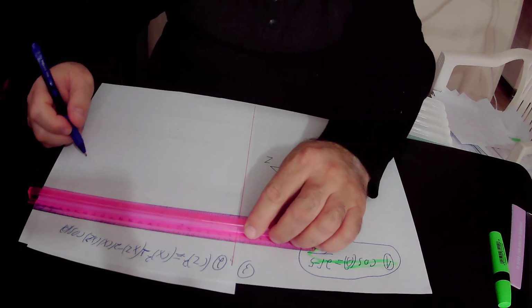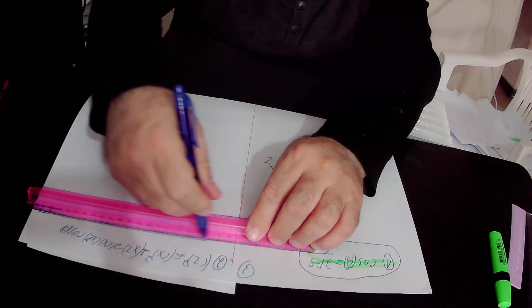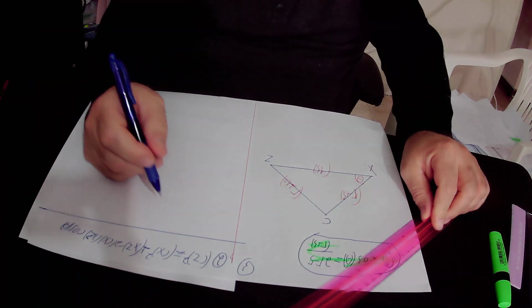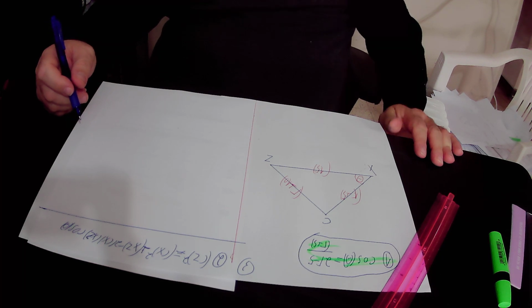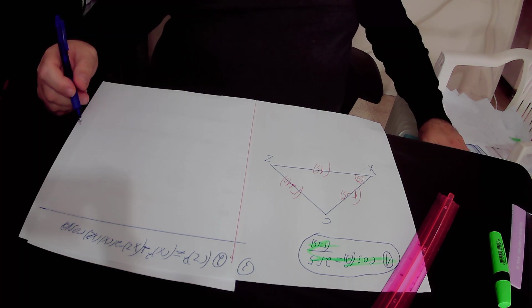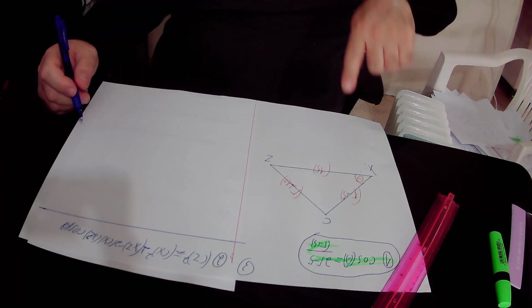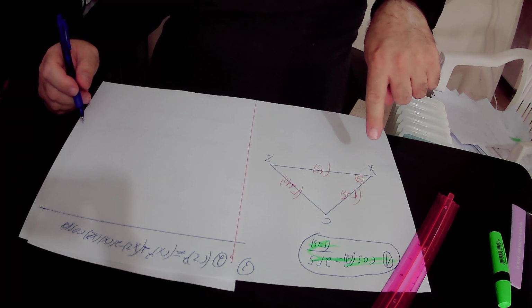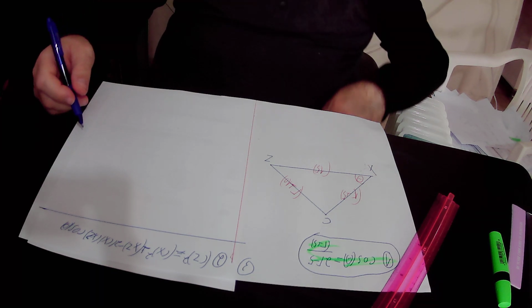Here we will open the brackets on both sides of equation number 2. First of all, we will substitute CZ by r plus 10, XZ by 15, and XC by r plus 5.